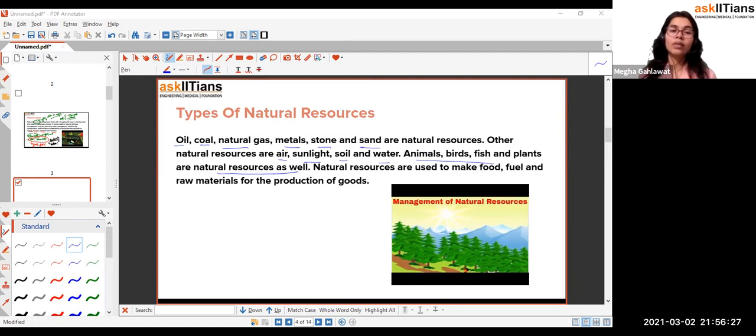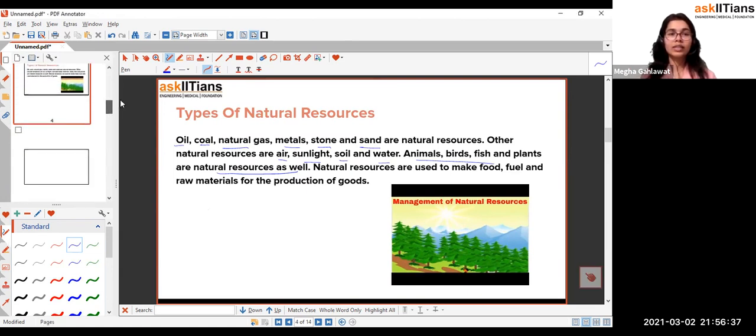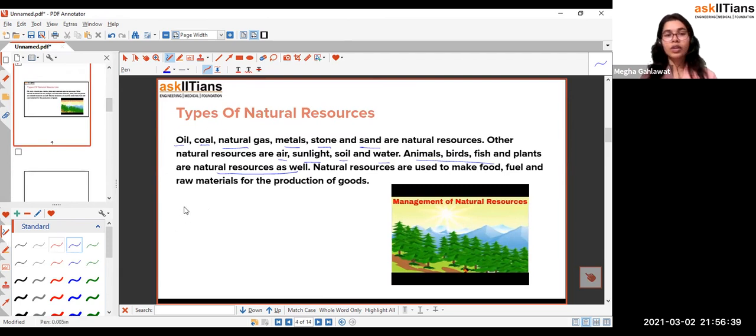If we talk about them one by one, we basically have water first of all, which is extremely important, right? But before that, let's give a little idea of what exactly we have as renewable and non-renewable. If we categorize them into renewable and non-renewable, we're going to have the renewable as sunlight, air, or soil, water.